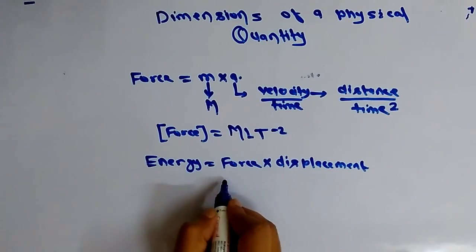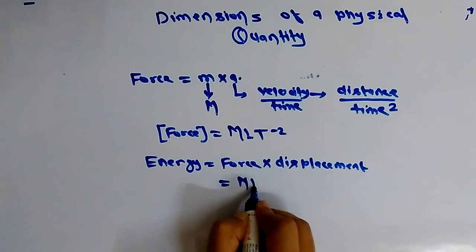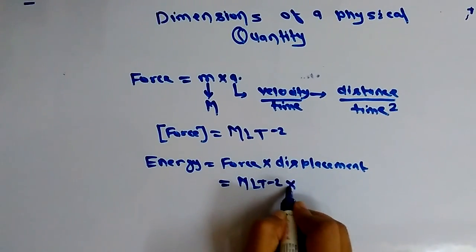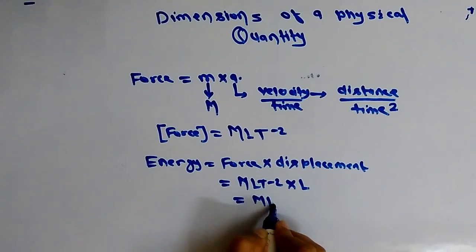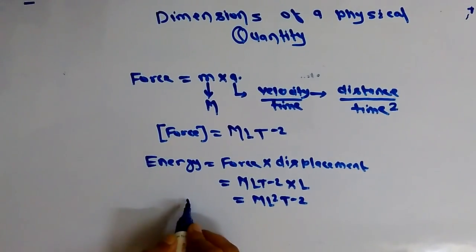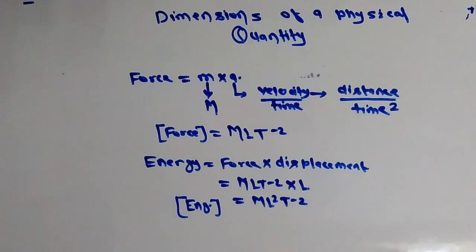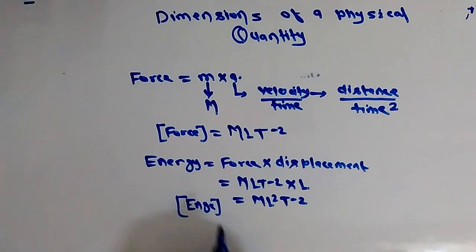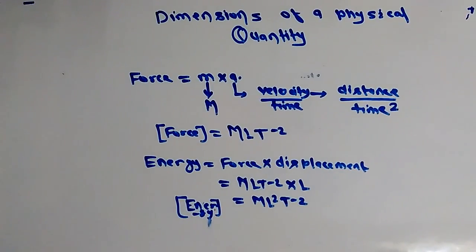We have calculated the dimension of force, that is M L T to the power minus 2, and the dimension of displacement is L. So it can be written as M L squared T to the power minus 2. This is the dimension of energy.